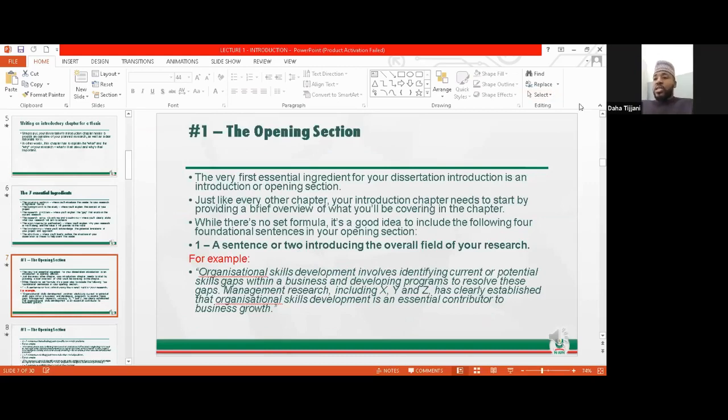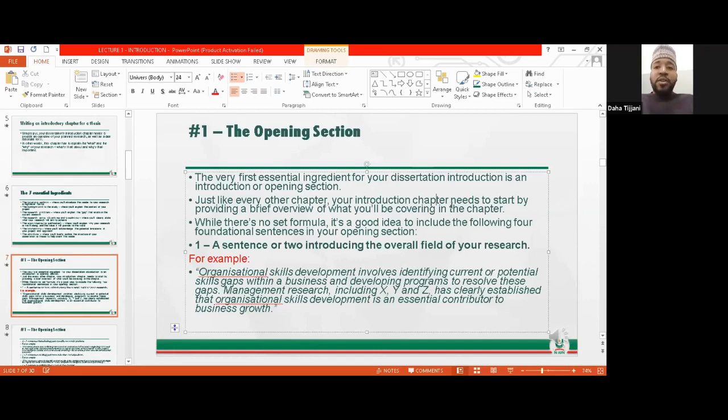The opening section. Get it right. This very first essential ingredient for your dissertation or thesis is very important. Just like every other chapter, your introduction chapter needs to start by providing a brief overview of what you will be covering in the chapter, obviously.